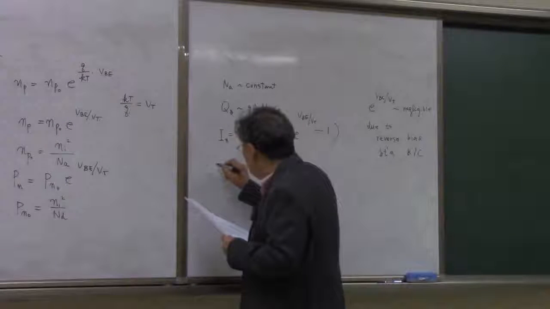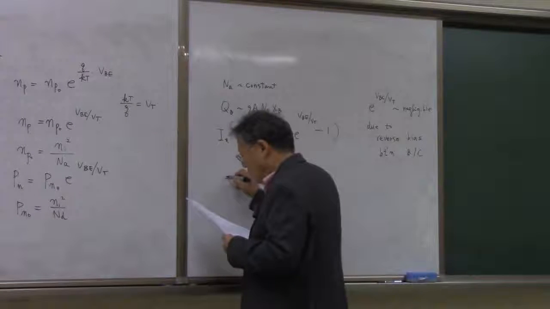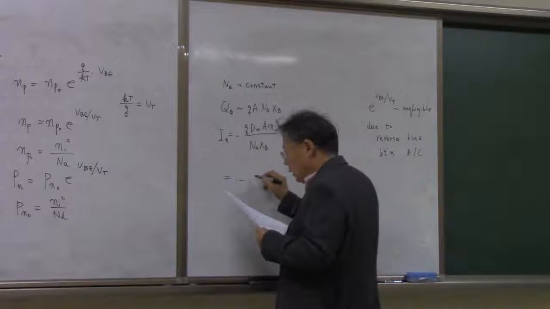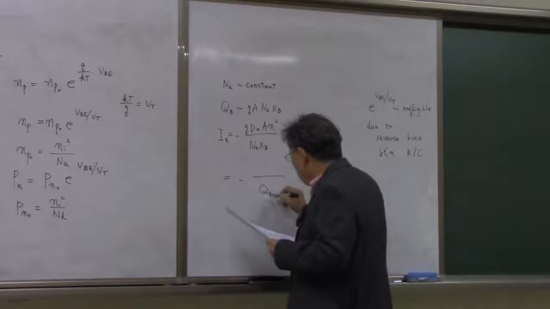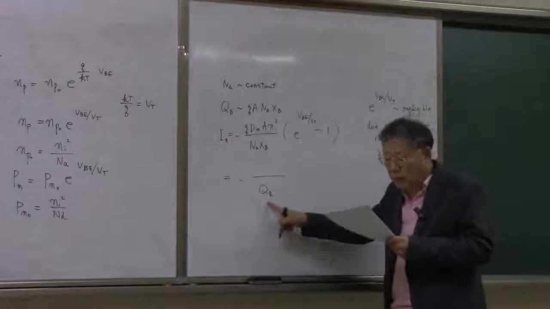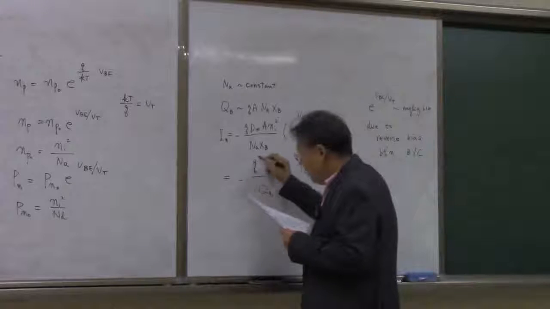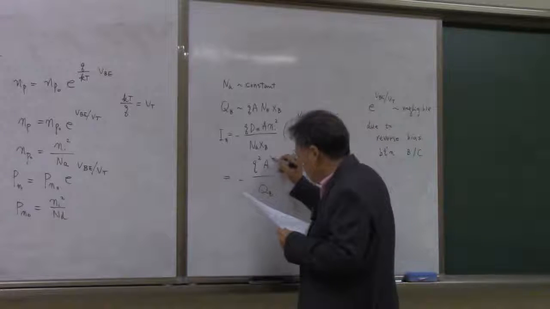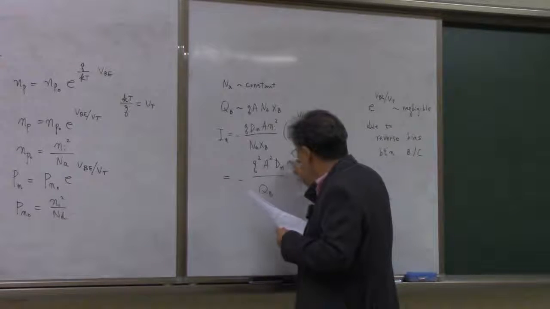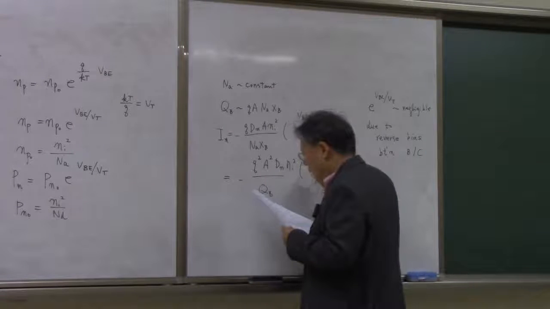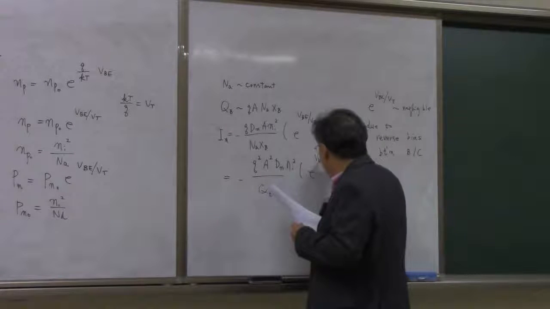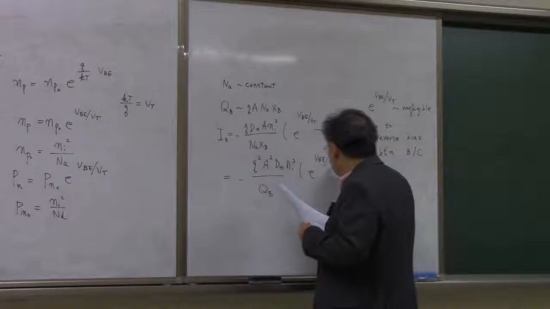And we also can express this equation in terms of the Gummel number QB, by Q squared A squared D_N Ni squared times e to the VBE over VT minus 1.